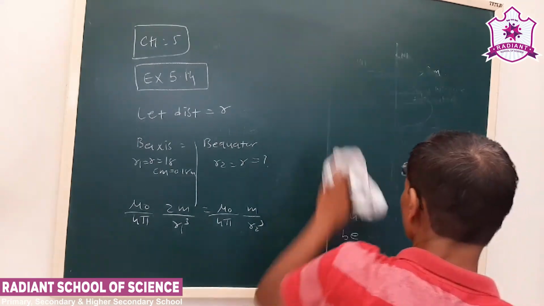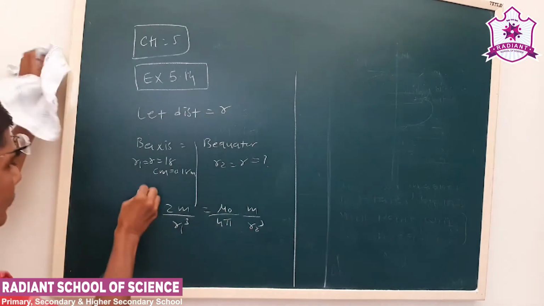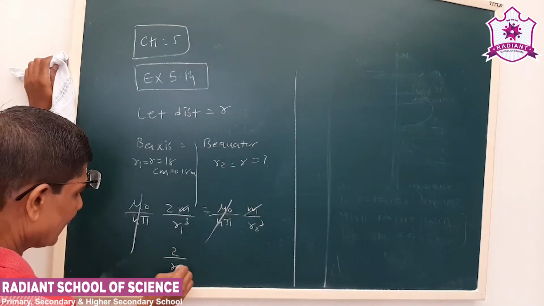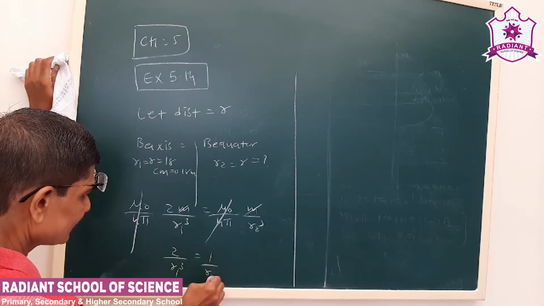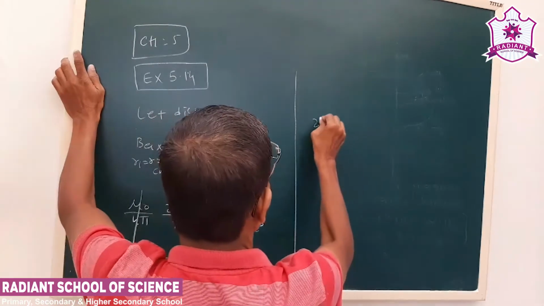Now we try to simplify. See, mu0 upon 4 pi is cancelled, M is cancelled, 2 upon R1 cube, so R2 cube equals 2R cube.